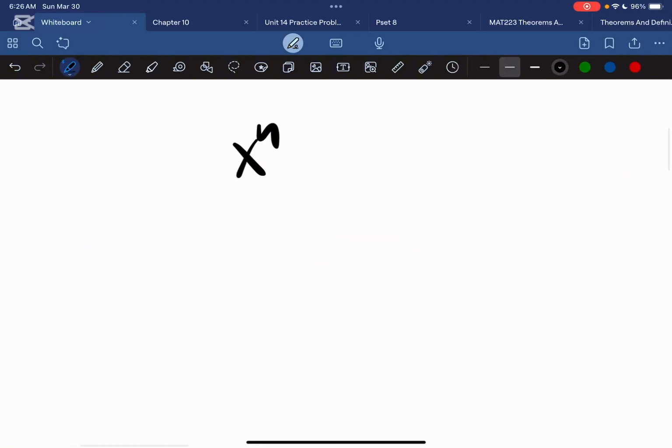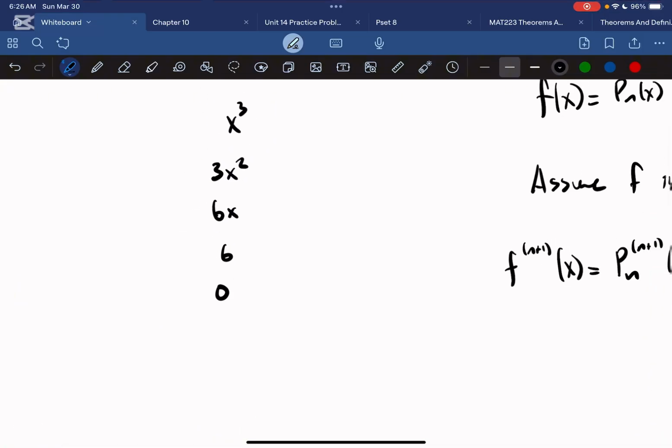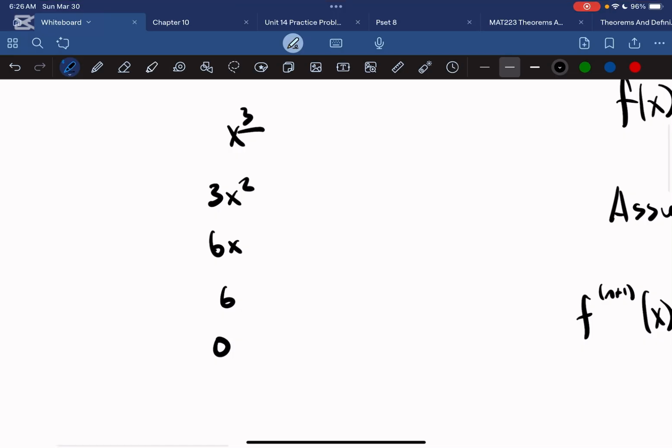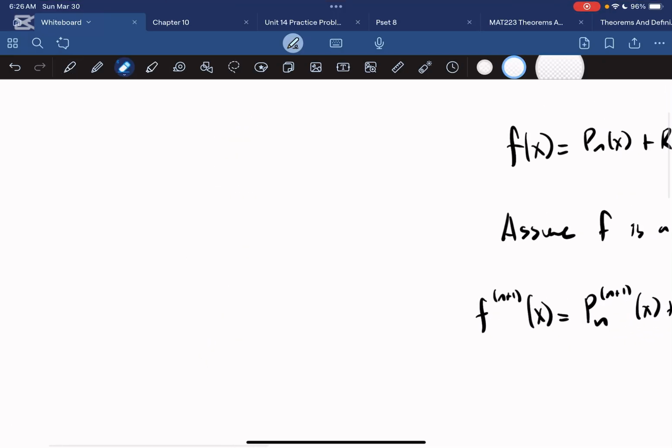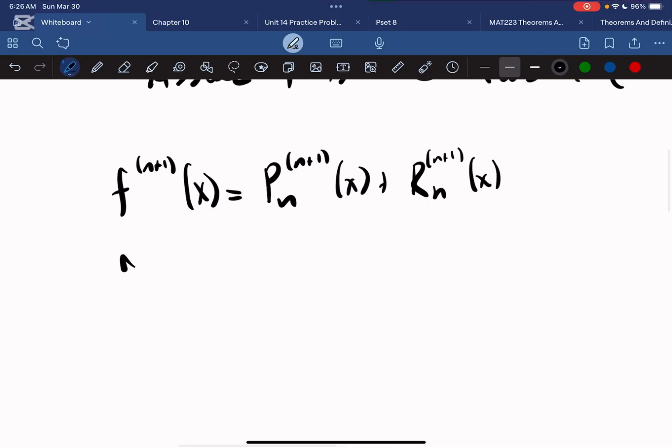When we take this derivative n+1 times, would you agree that we get 0? Right? Let's instantiate this with x to the 3. The first derivative is 3x squared. The second derivative is 6x. The third derivative is 6. And this n+1, 3 plus 1th derivative is 0. Right? Meaning that this actually ends up as this.